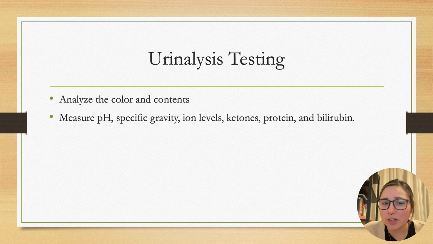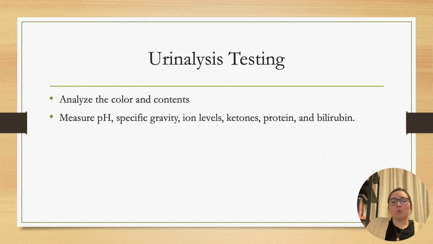And this can be caused by renal failure, dehydration, another check mark for our dehydration diagnosis, hyperparathyroidism, respiratory alkalosis, or metabolic acidosis. Ketones are the product of fatty acid metabolism and are not normally found in urine. So if we see these, not good.